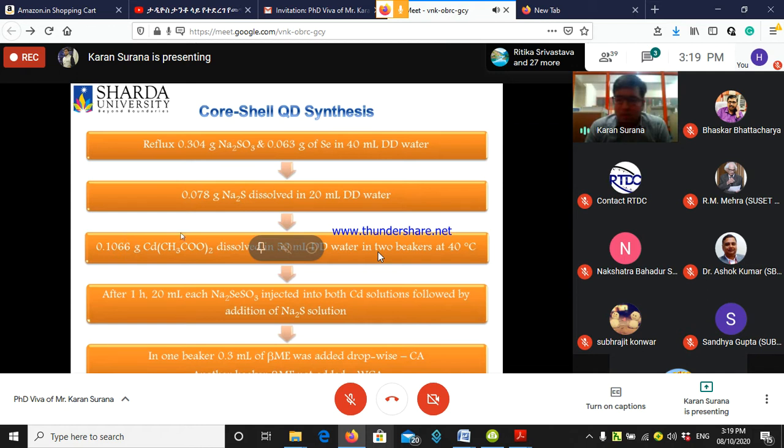So cadmium acetate solution was taken in 2 beakers, and in both, sodium selenosulfite and the Na2S solution were added one after another. In one of the beakers, capping agent was added, while in the other one, capping agent was not added. They were named CA and WCA. The one without capping agent was WCA, with capping agent CA.